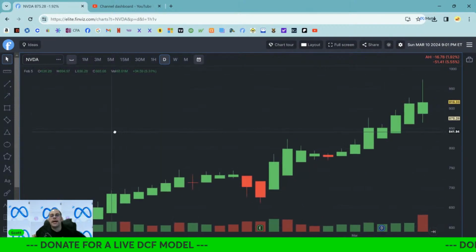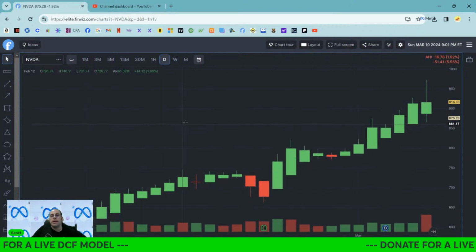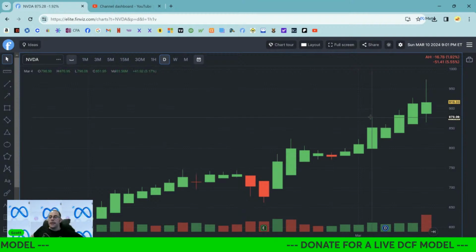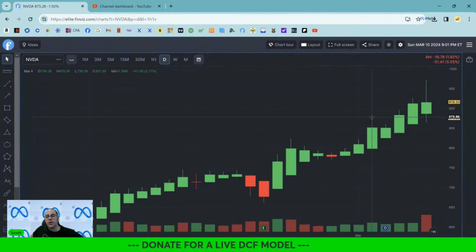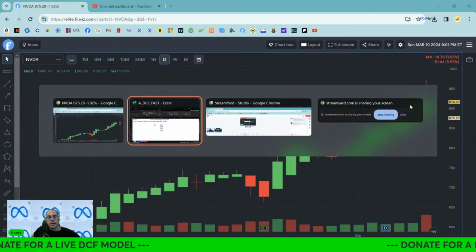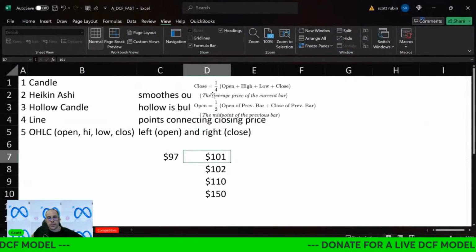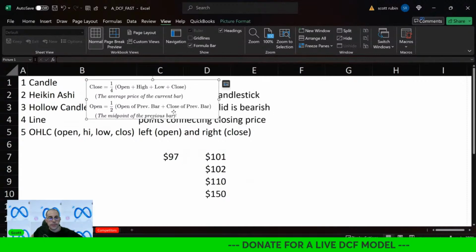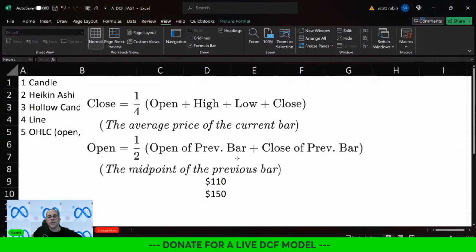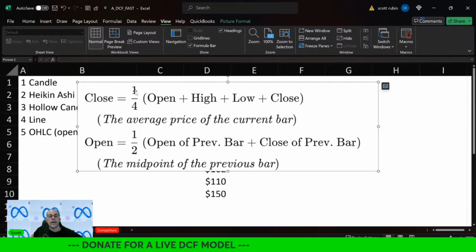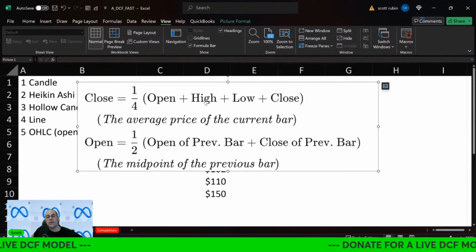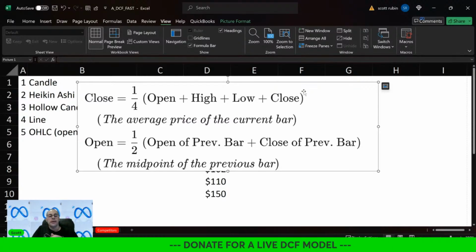It smooths out because candlestick is more finite, like the actual open and close. The Heiken Ashi, maybe it's easy to show you. It does a calculation. So the close price is 1/4 of the open plus the close plus the high plus the low. So it smooths out the day.